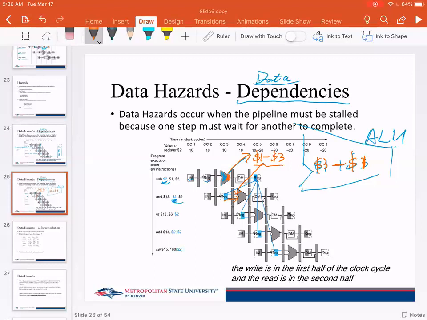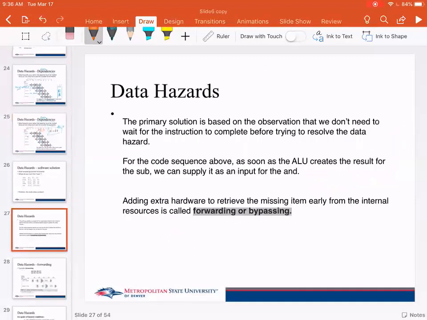We call this forwarding or bypassing. There is a term called forwarding or bypassing, and this is really important. The AND here means the AND calculation.